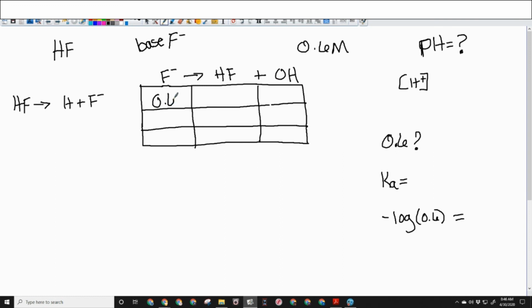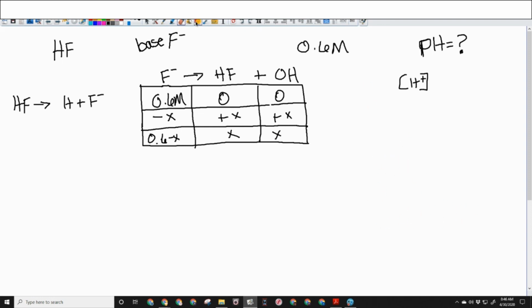You erase this now because that's not correct. This goes here. Now this is your standard everyday old ICE chart. This is going to go down by x, up by x, up by x. And this is going to be 0.6 minus x, x, and x. All right, so we looked up the Ka for this as being 3.5 times 10 to the negative 4.